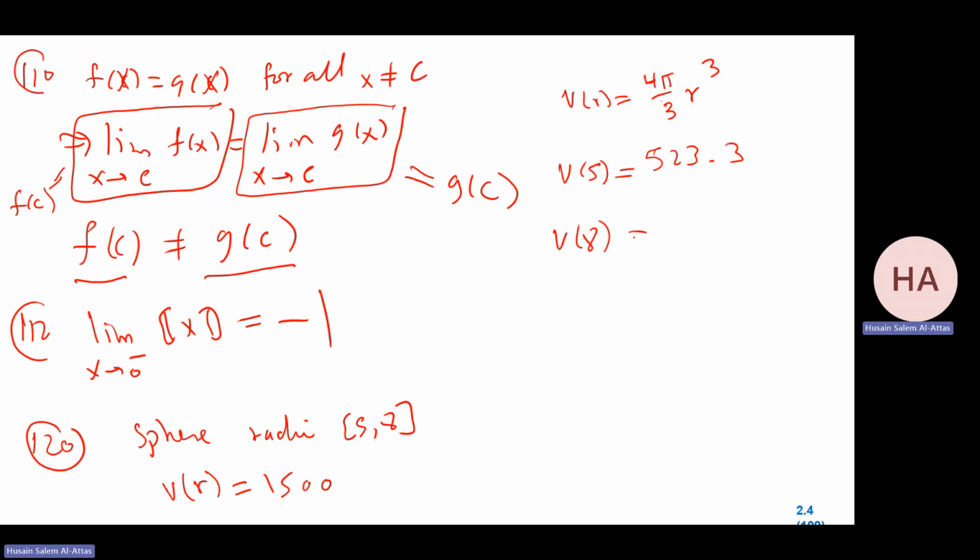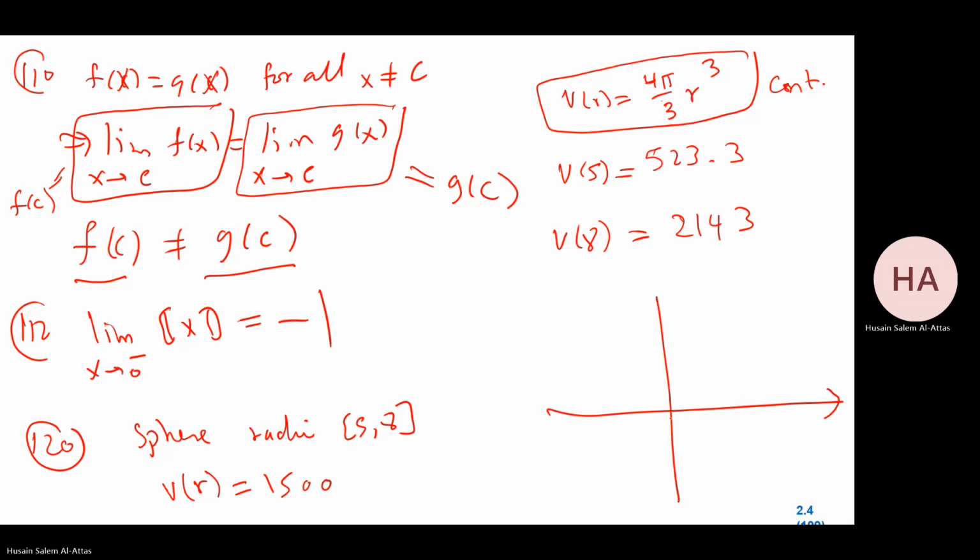V at 8 will be what? 4 times 3.14 times 8 cubed, 512, divided by 3. It gave me 2,143. I know this function is continuous.